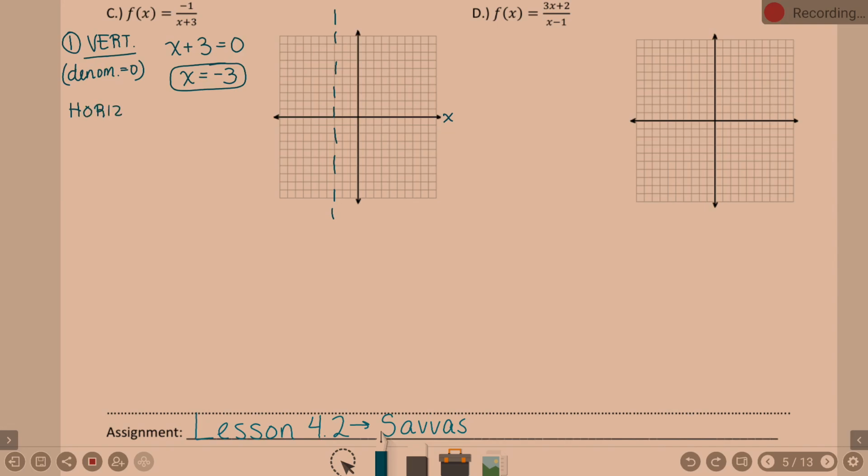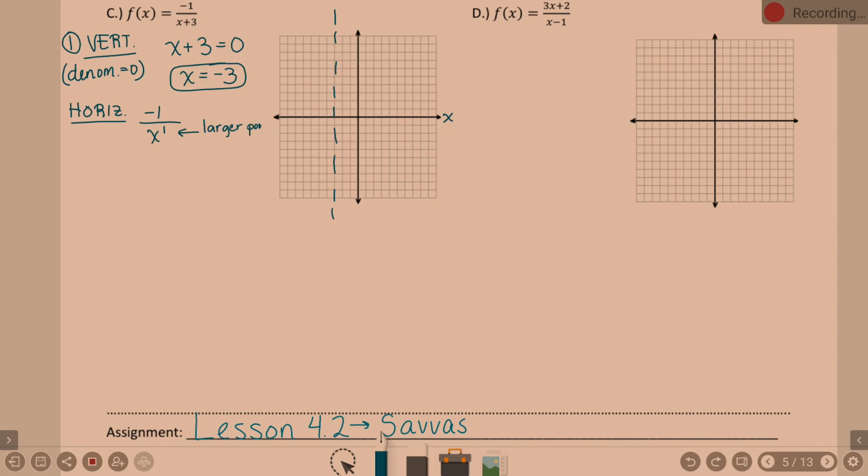What about horizontal? Weird. It's like no power. Or like there's no X. There is an X. It's on bottom. But yeah, it's not on top. Okay. So on top, my biggest power is 0 because it's negative 1. In the denominator, what's my biggest power? 1. X to first. So where is the bigger power here? Bottom. Okay. So I'll even write myself a note here.